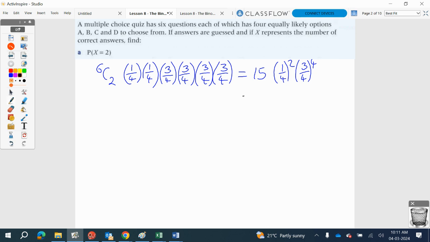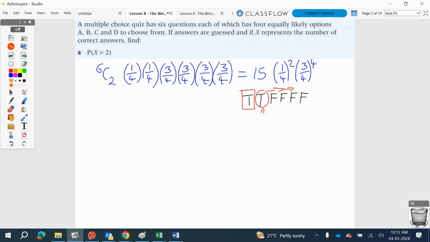I'll show you. So let's say the first 2 are correct and the next ones are false. Let's say I leave this number static and I move this one this way. I could get the 1st and 2nd, 1st and 3rd, 1st and 4th, 1st and 5th, 1st and 6th. How many different ways can I move the second one across here? How many different positions can this T be in?